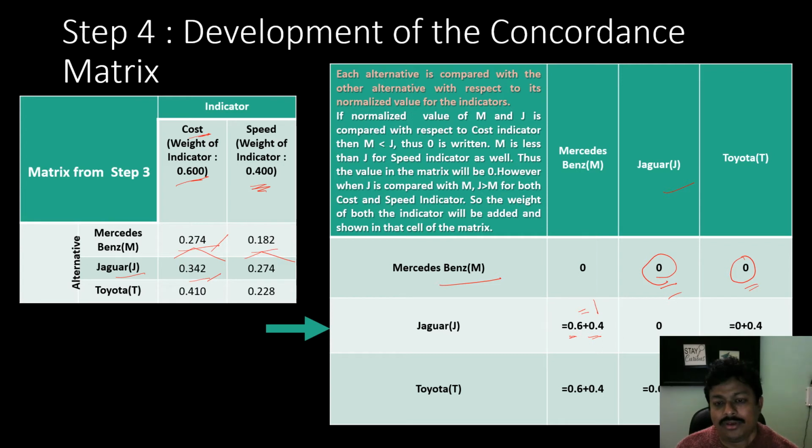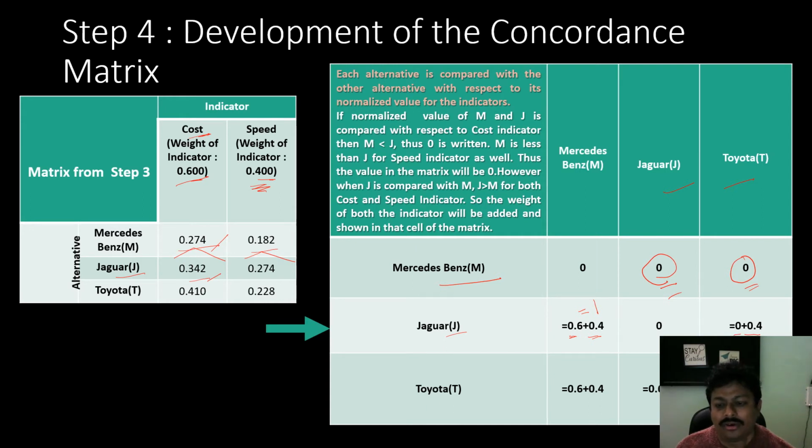And when we compare Jaguar with Toyota, what happens? The value of Toyota is greater than Jaguar in case of cost, but less than Jaguar in case of speed. So the weightage of that criteria has been placed here for speed, but for cost, as it is not greater, we are giving a 0.